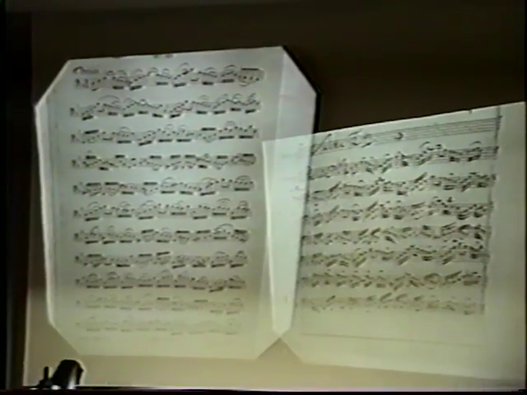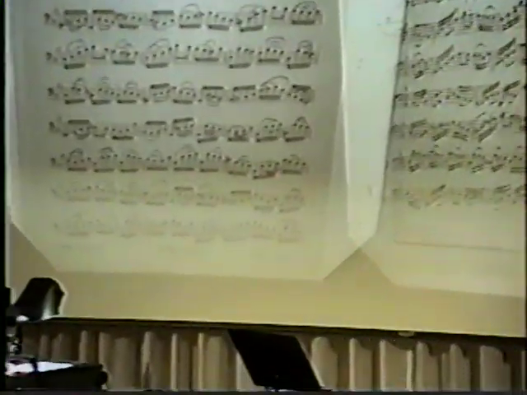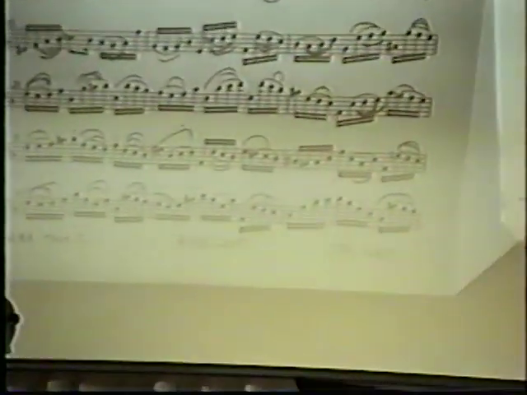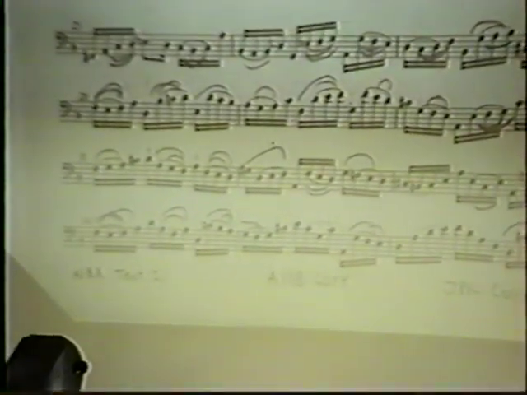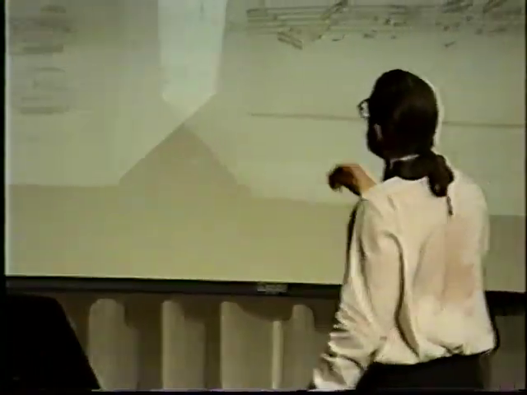If you can see down at the bottom, it says NBA Text 1. That means Bach Neue Ausgabe Text 1, and that's what I play from. That's available in the library. This is what I play off of.